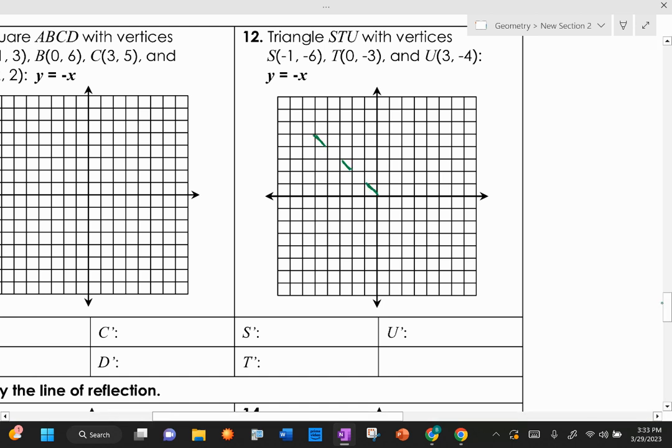So instead of it being a positive slope, for whatever y is, x is the negative version. So when y is 1, x is negative 1. Same thing in the negative direction. Stop talking over me, please. If y is negative 1, x is positive 1. Okay, so it's going to be the opposite.